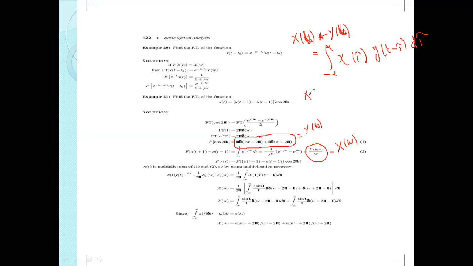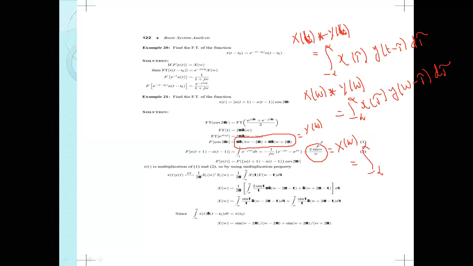Now, instead of t, there is X of omega with the convolution of Y of omega. Now it becomes the integral from minus infinity to infinity of X of tau, Y of omega minus tau, d tau. This is the second function. Then that is equal to the integral from minus infinity to infinity. What is X of omega?